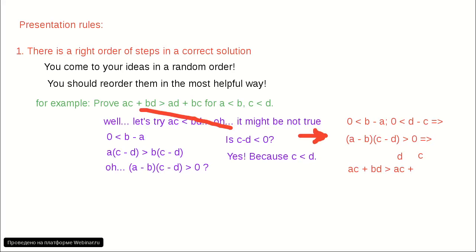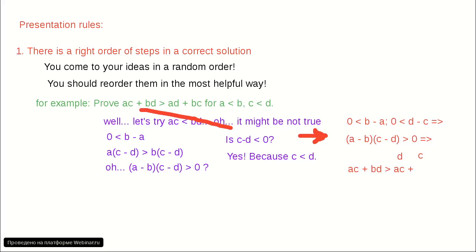So it is wrong stuff, and the right stuff is this. So AC plus BD is greater than AD plus BC. And this is exactly what we needed to achieve here, right?